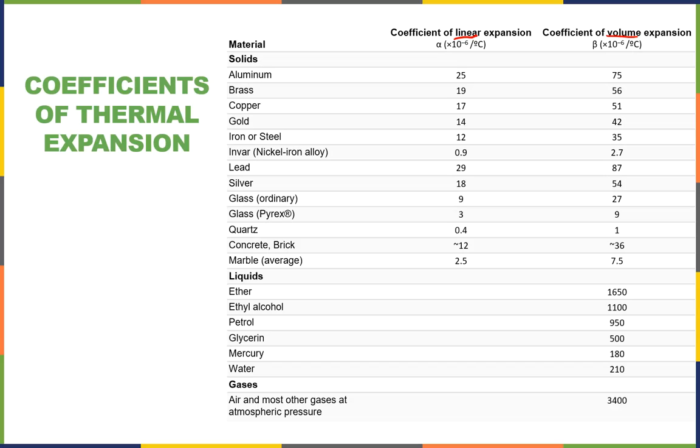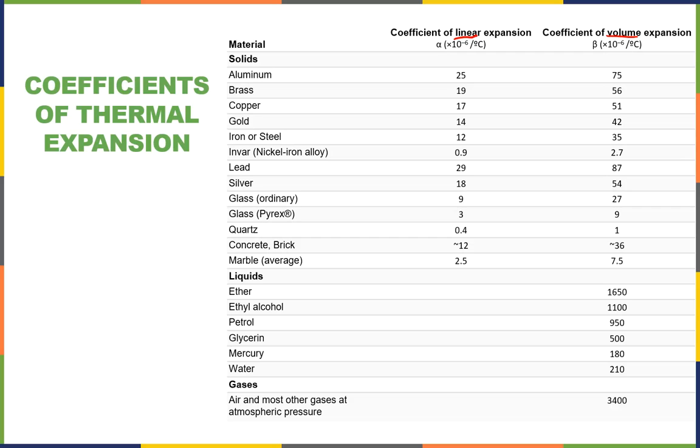The volumes, remember I said the coefficient of volumetric expansion is 3 times the linear for most situations. As long as it's what we say isotropic, same in all directions, it's 3 times. So if you look at the top one, 25 times 3 is 75. 19 times 3 would have been 57.